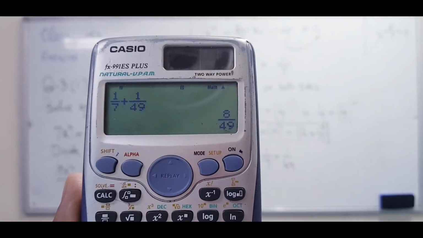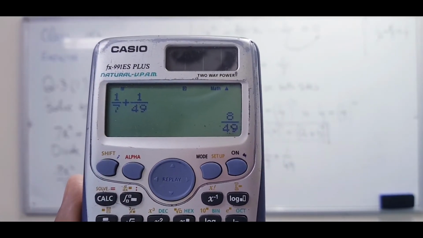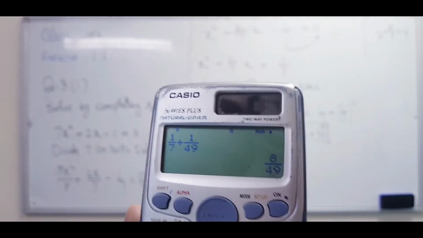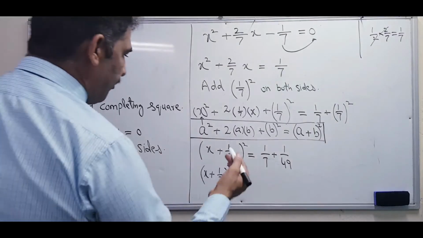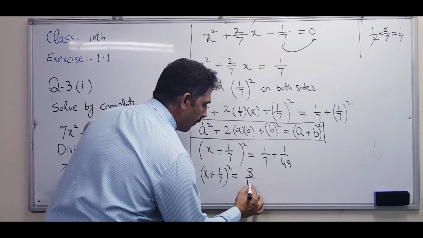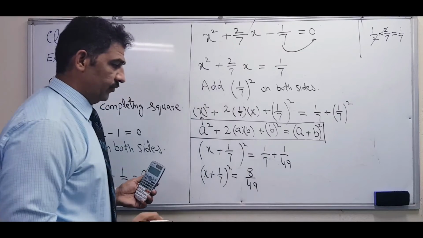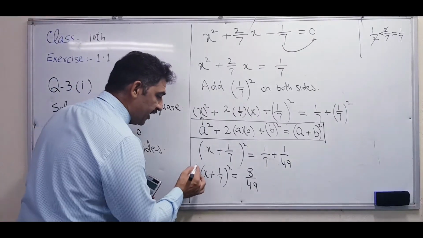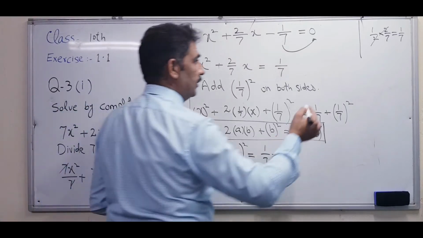So what will we get as the answer? 8 over 49, because the sign is plus, so 8 over 49 we will get as the answer. So you have to write directly 8 over 49. To cancel the square, what do we have to do? We have to take the square root on both sides.